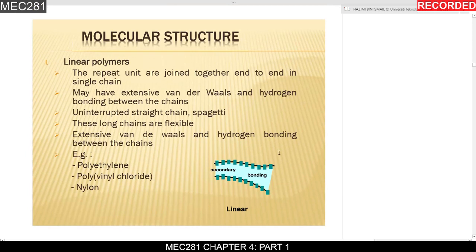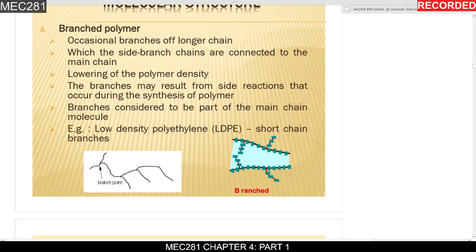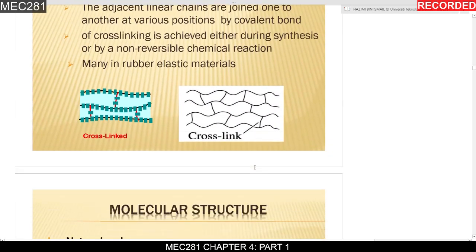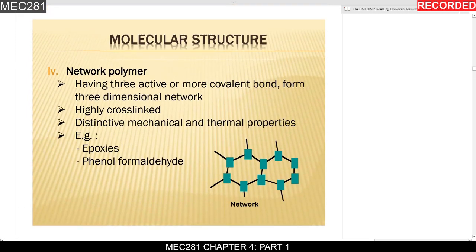For the linear polymers, the repeat units are joined together end to end in a single chain, and so on. So you can read it on your own. The branch polymer, you can also read on your own. I just skip these slides. I just don't want to waste your time. And finally, the network polymer is the strongest chain because of having three or more active covalent bonds forming a three-dimensional network.